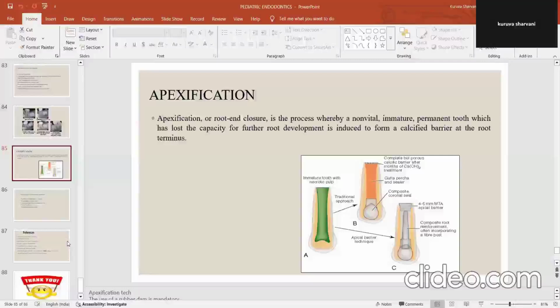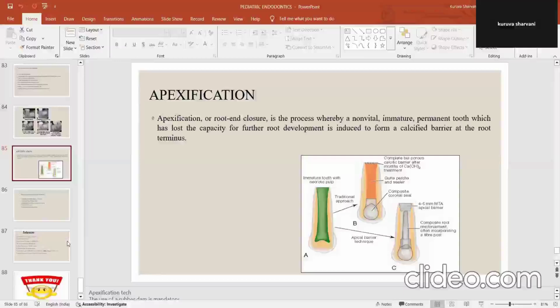Among all 4 criteria of Frank's, the barrier will be formed, but there will be little difference. In the first one, complete root canal closure is seen, whereas in the second one, root closure will be seen, but there will be no complete closure of the root canal. In the third one, the barrier will be formed, but there is incomplete closure of the root. In the fourth, the root canal will be closed, but there is a little opening of the root apex. These are all the 4 criteria of Frank's criteria.